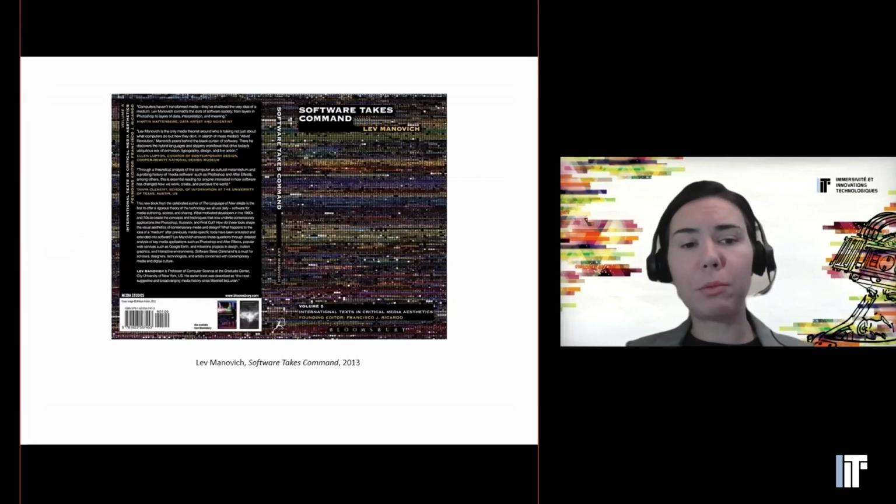In his book Software Takes Command, media theorist Lev Manovich identified view control, or the ability to switch between many different views and kinds of views of the same information, as one of the most fundamental and radical new techniques for working with information and media available to us today.